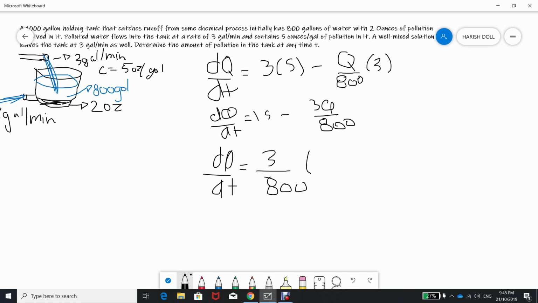Now 15 divided by 3 leaves 5. Then that 5 is multiplied by 800, which means it's 4000 minus q.